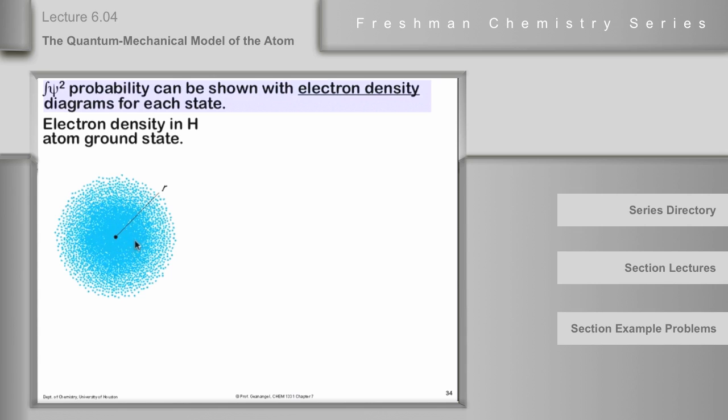This is what you would get for the ground state of the hydrogen atom using its wave function. What's its wave function? Ooh, that sounds scary, doesn't it? It's not scary at all. The wave function for the ground state, I'll tell you more about this 1s later, is equal to a constant times e to the minus r multiplied by another constant.